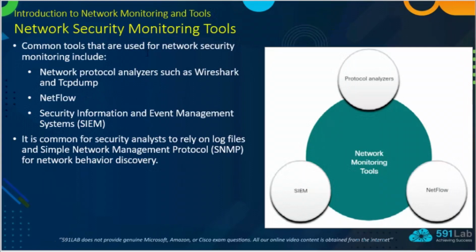Common tools used for network security monitoring can be network protocol analyzers such as Wireshark and Snort, NetFlow, and security information and event management systems, SIEM. It is common for security analysts to rely on log files and Simple Network Management Protocol (SNMP) for network behavior discovery.